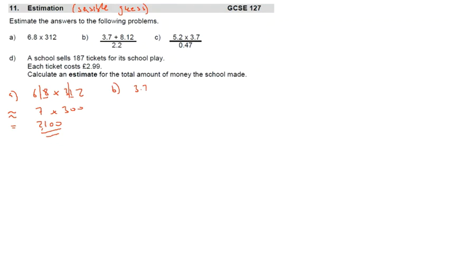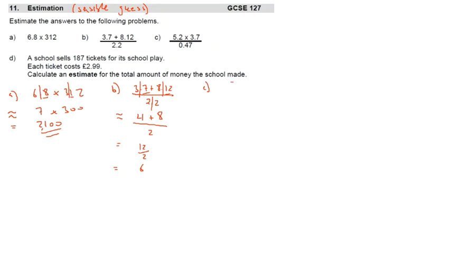Okay, part B, a bit more complicated, but still very easy. So let's do it. Do the top first. 4 plus 8 over 2. 4 plus 8 is 12. 12 over 2 is 6.